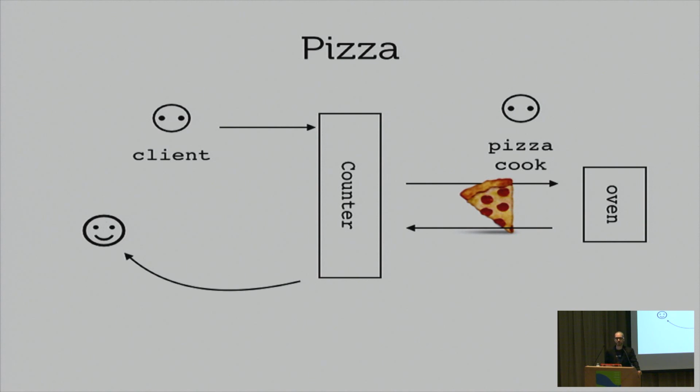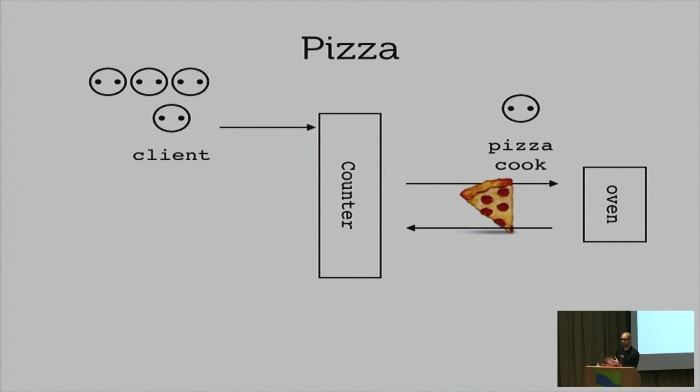Now, in this case, what happens when lots of clients all show up at once? How do you scale up a pizza restaurant? Well, you don't want to add more cooks, right? That's useless because the cook is spending most of the time waiting for the slice in the oven. So it would be a waste of space behind the counter if you had 1 cook per client. You would run out of space behind the counter before you run out of room in the oven.